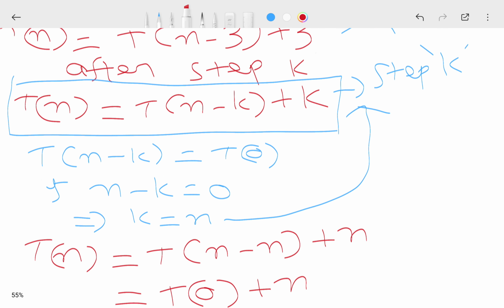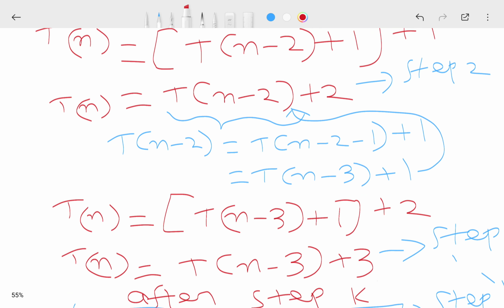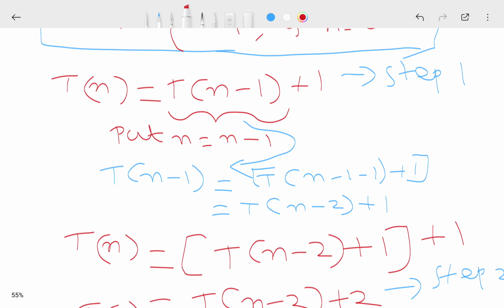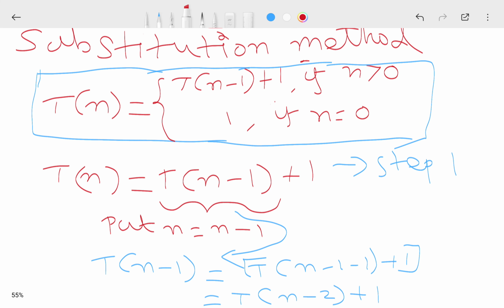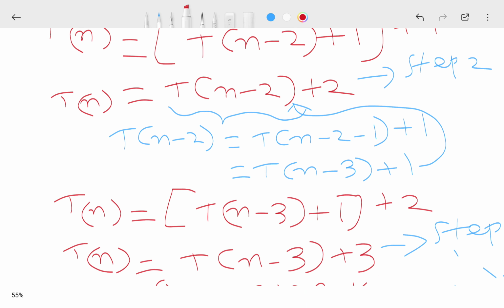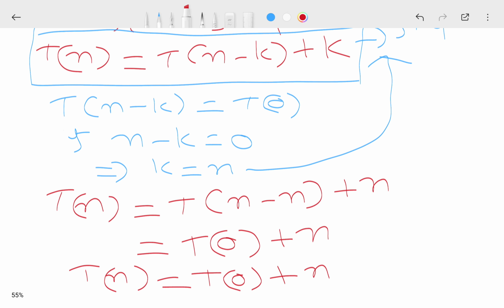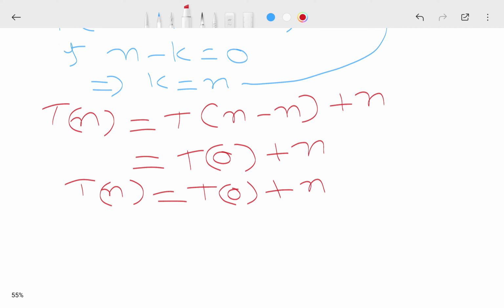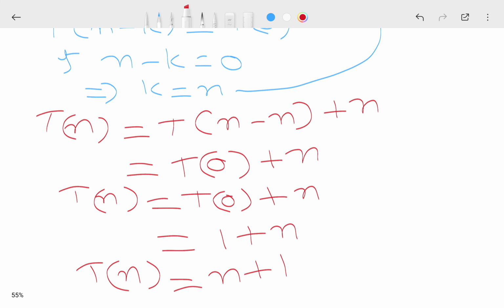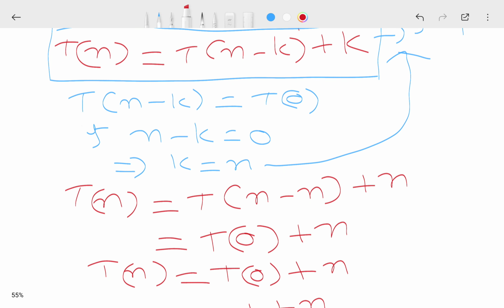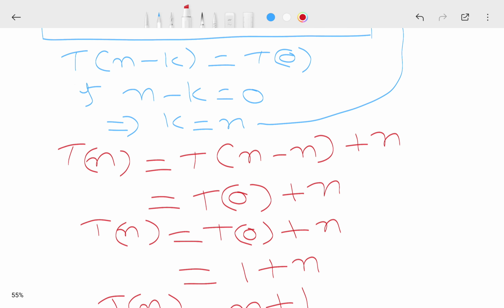And we know from this recurrence relation that if n equals 0, then T(0) is equal to 1. So substitute that value here. So now it becomes 1 + n. So now T(n) equals n + 1.